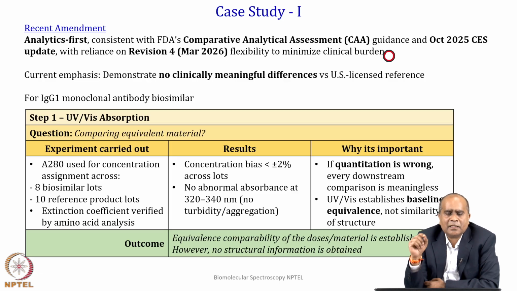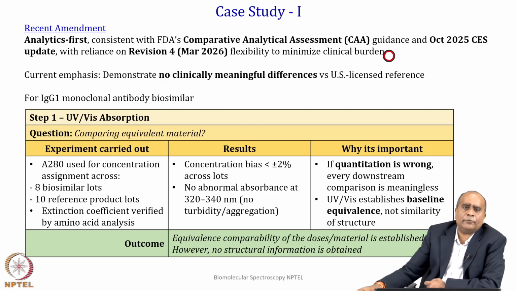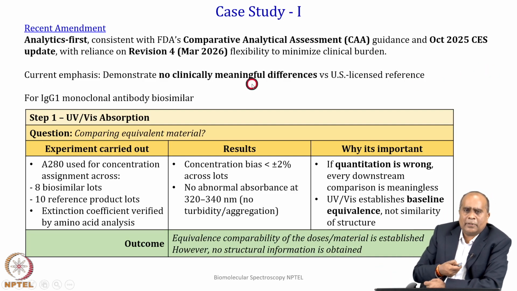So, FDA is coming with a regulation that for showing and looking at the biosimilarity, probably you can do away with it using a robust analytical technique. You do not need to test this in an animal, and therefore, you can minimize the clinical burden with animals as well as the clinical trial phase 2, phase 3; you do not need to do it.